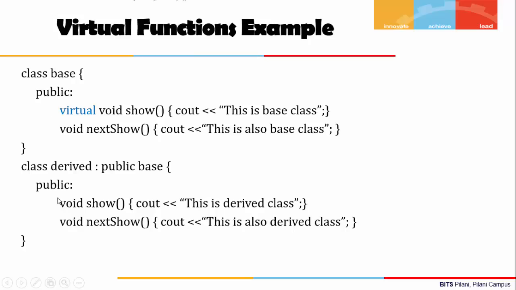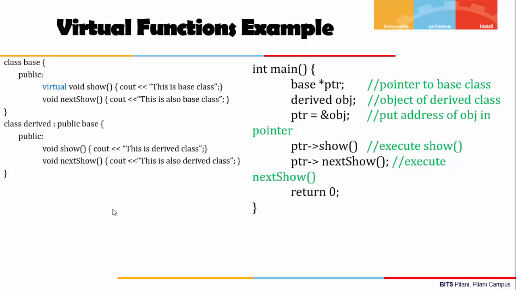Here also we are using the void show function. Then the derived class is derived from the class base. So this is the derived class which we saw. It is derived from public base. All have the member function show.